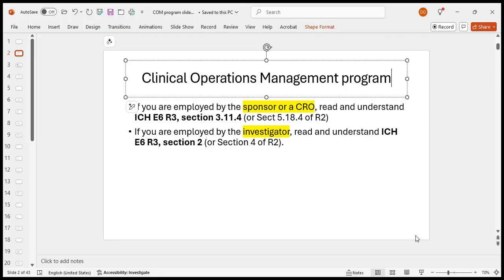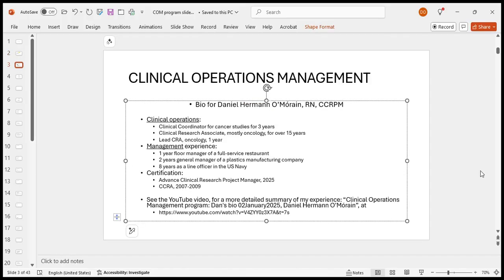I want to give you a quick bio so that you know my background and understand that I have walked the talk. First of all, for my clinical operations experience, I started out as a clinical coordinator for 3 urology studies. After that, I was a clinical research associate for, I'm going to say over 15 years, but I think it's quite a bit more than that.